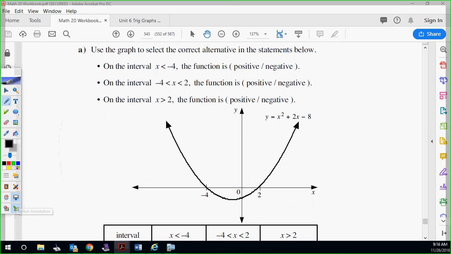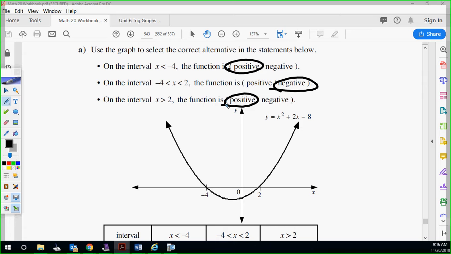On the interval x less than -4, is the graph positive or negative? It's positive, it's up. Between -4 and 2, the graph is that little hump of negative. And after 2, the graph again is positive.